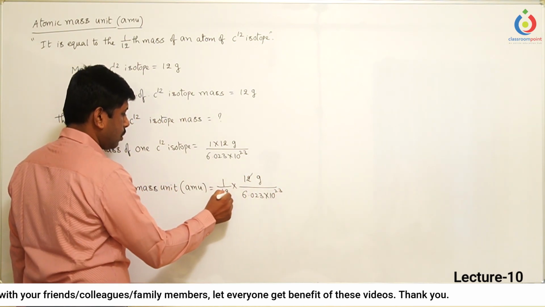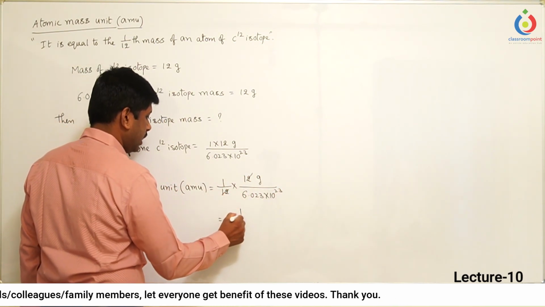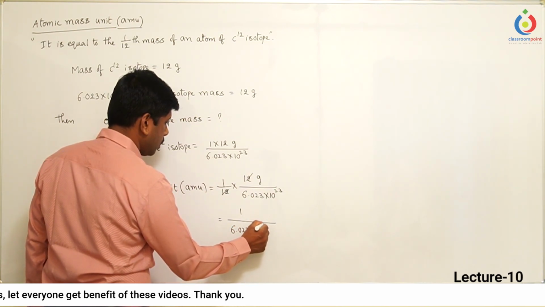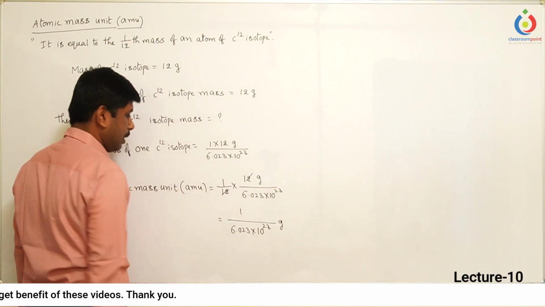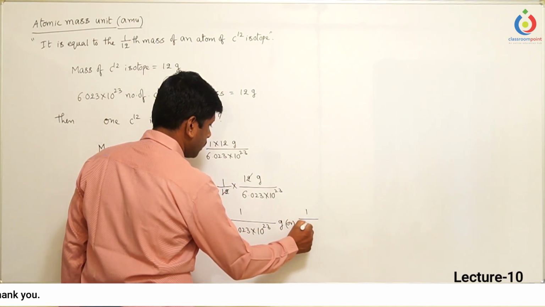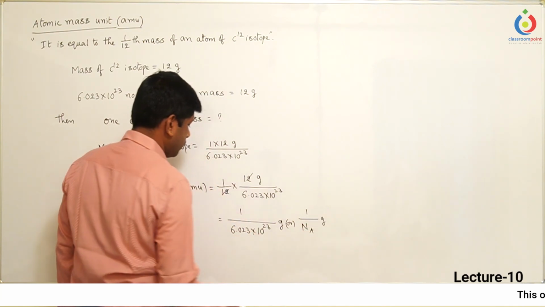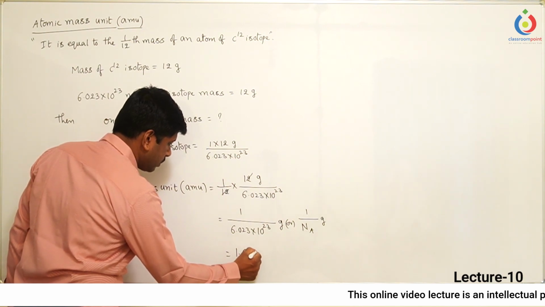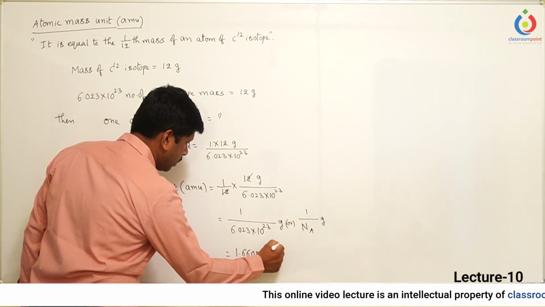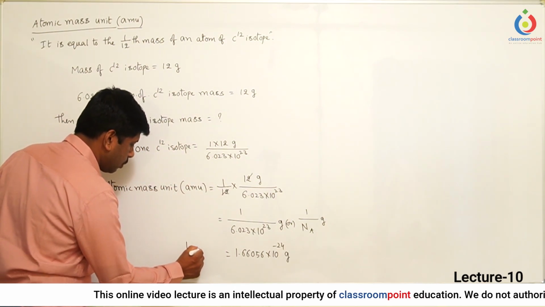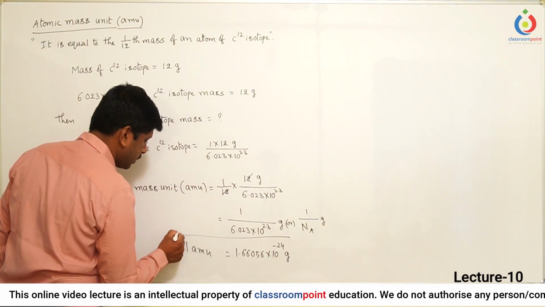So 12 cancels out, and we get 1 upon 6.023 into 10 power 23 grams, or this can also be written as 1 upon Avogadro number of grams. This value is equal to 1.66056 into 10 power minus 24 grams. That value is called one atomic mass unit.